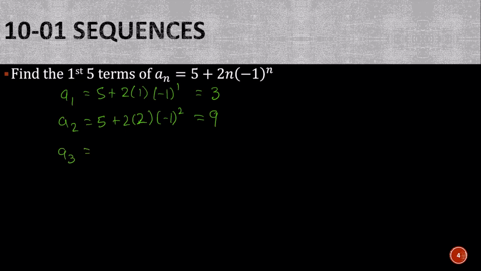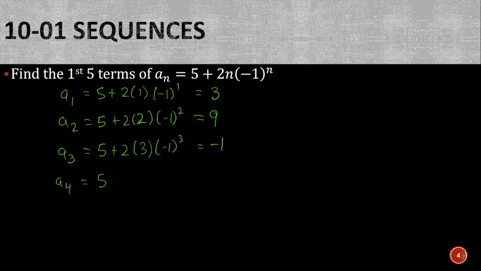Plug in a 3 for the n. 5 plus 2 times 3, -1 to the 3. Okay, because the exponent on the -1 is odd, it'll be a -1, and we'll have 5 plus a -6, just -1.